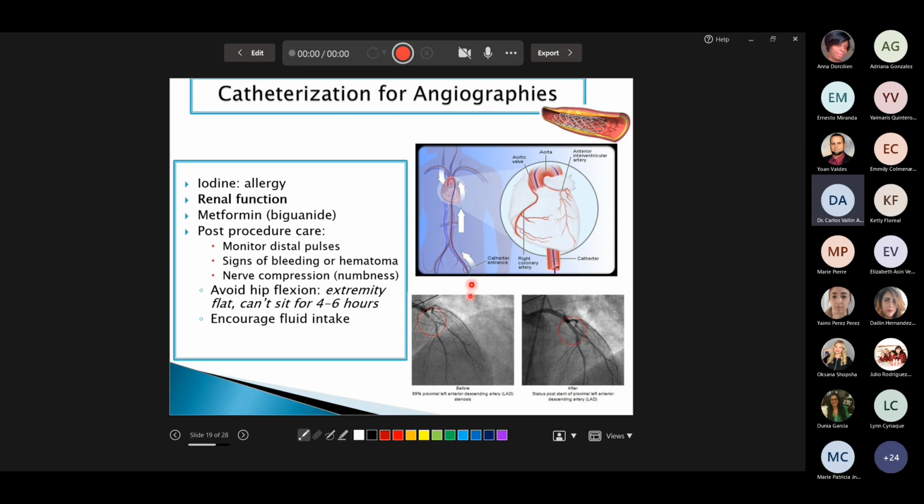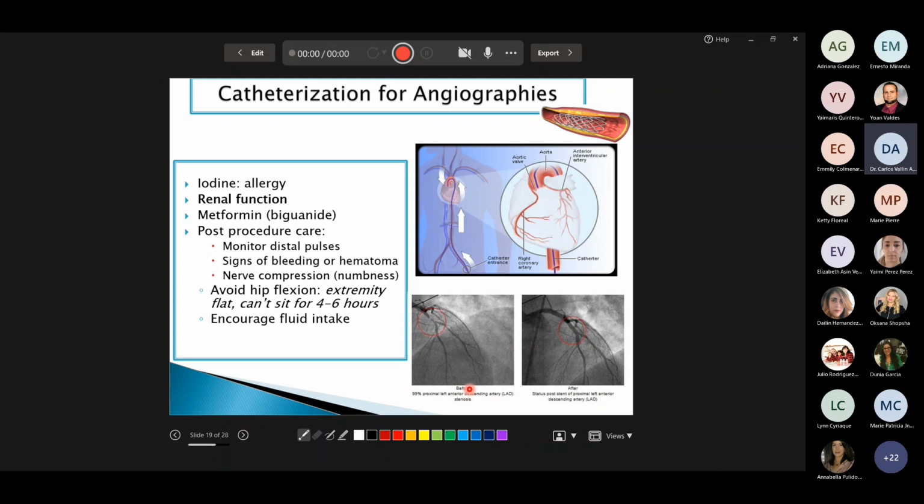You are going to monitor that the blood is flowing normally to the foot. So you are going to be checking the pulses of this extremity, especially the distal pulses, pedal and posterior tibial, and comparing them with the other extremity, the one that didn't have the catheterism. They should be equal. Take care, because this catheterism is generally done on people who are old and suffer from atherosclerosis and bad circulation.